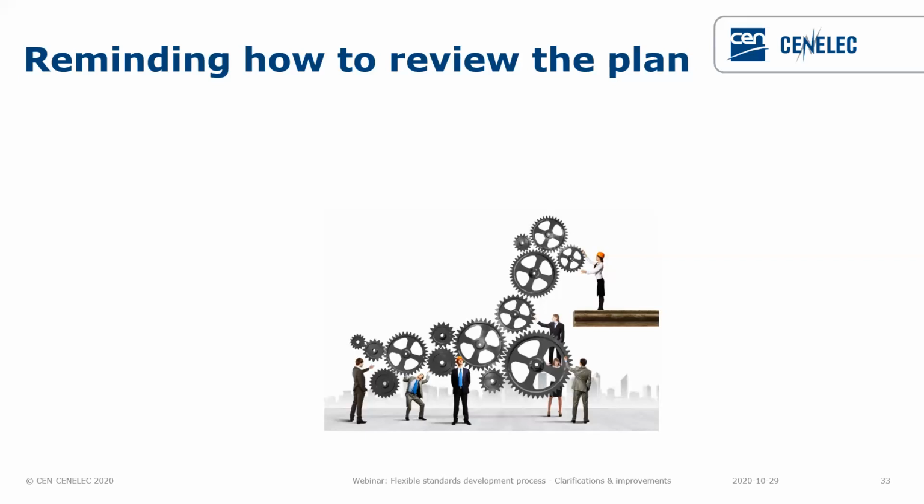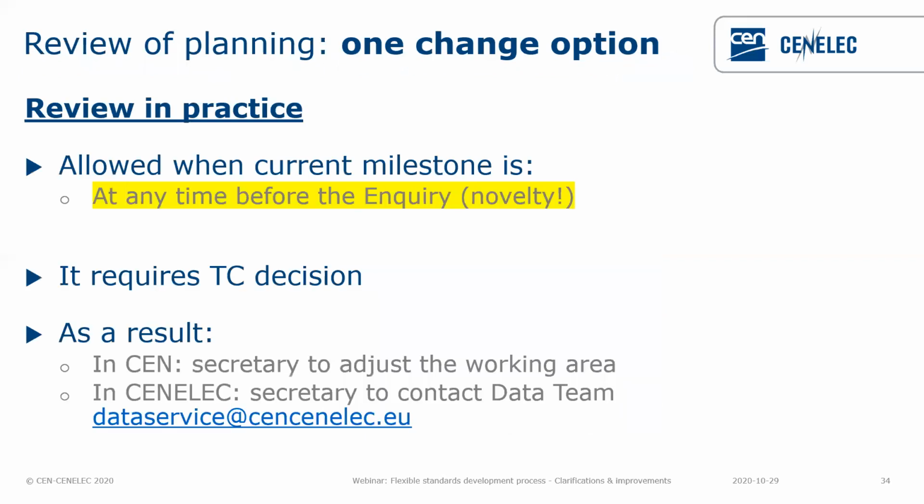Okay, now let's also see again, just to clarify all aspects, how to review the plan. Constant, you already covered this before. Here, the novelty is the one change option.